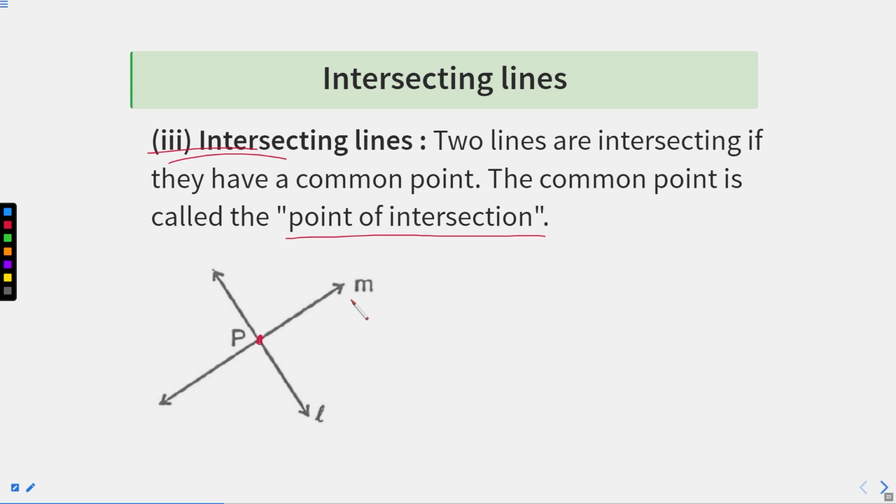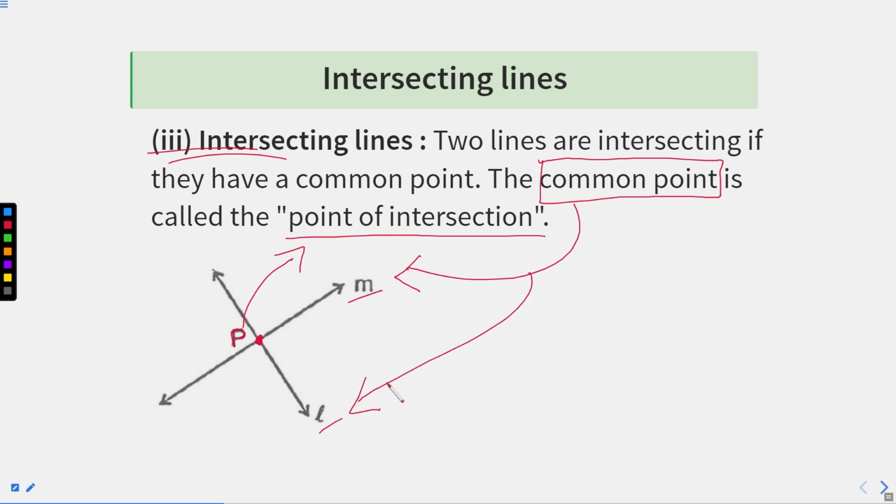For example, the line M and the line L are intersecting, or cutting, or meeting at point P. So this point P is known as the point of intersection, or we also say P is a common point which lies on line M and line L. Okay, I hope the intersecting line concept is also clear.